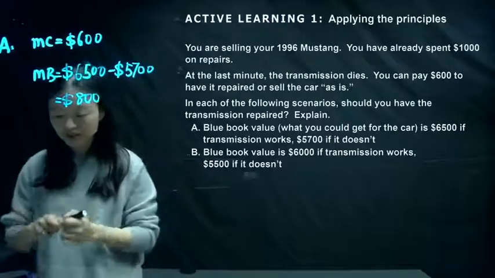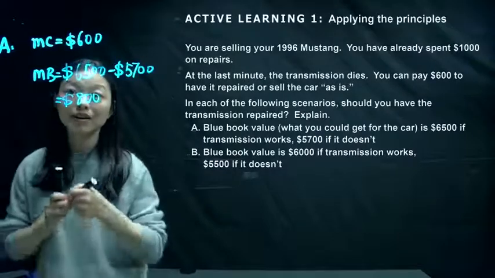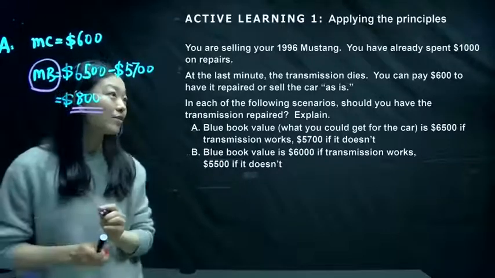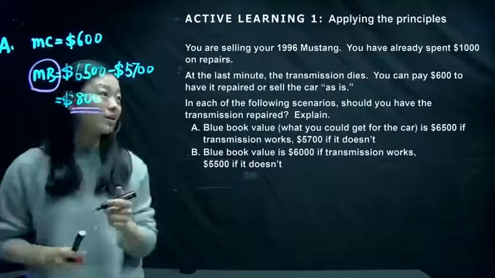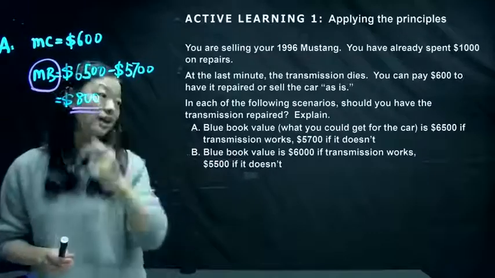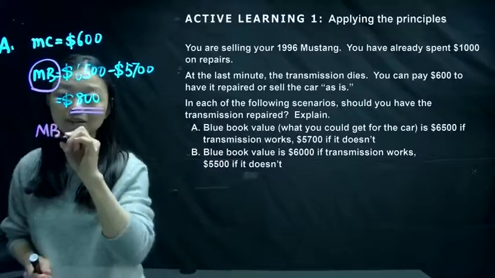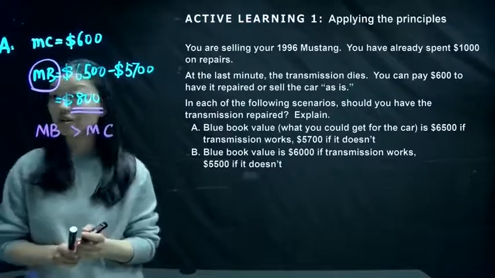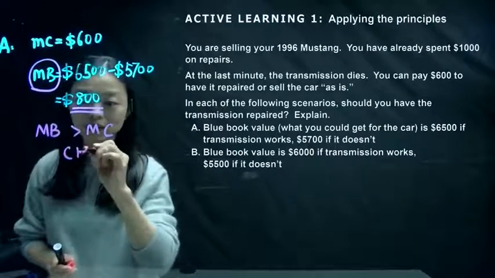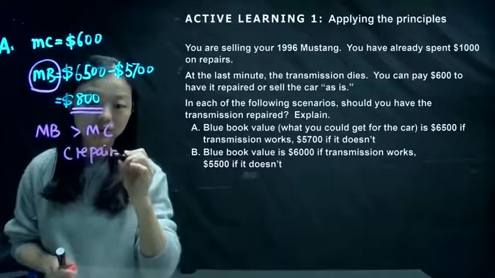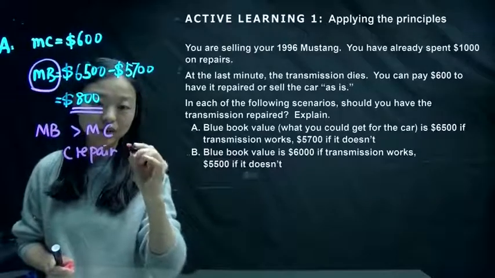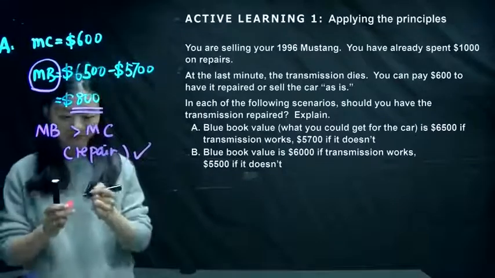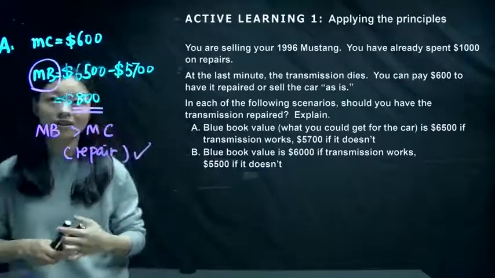So from here, you can see we have the marginal benefit of the transmission repaired, $800, and the marginal cost of repairing the transmission, $600. So we have marginal benefit larger than marginal cost. So in this scenario, will you repair your transmission or not? Yes, I will repair, okay? Repair is good. Now, how about the second scenario?